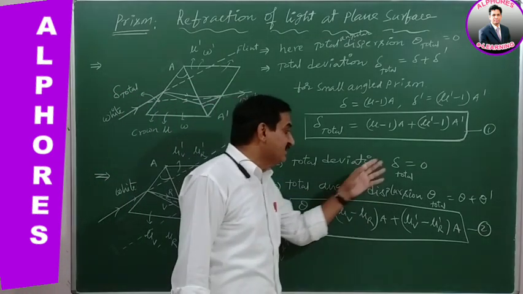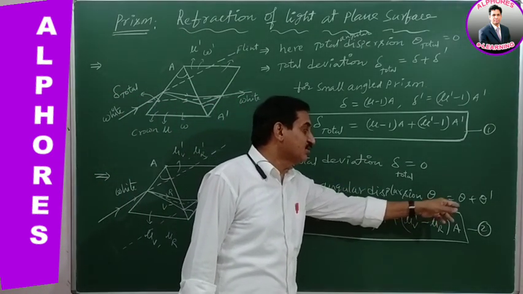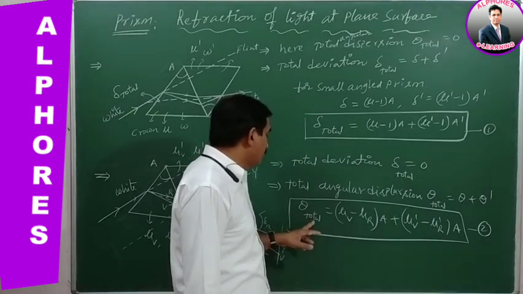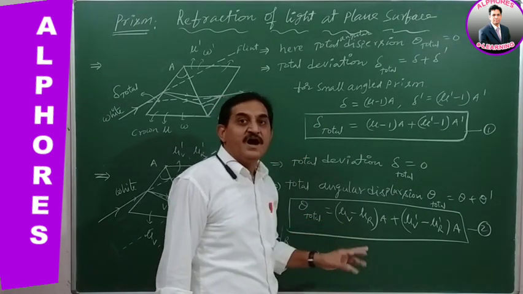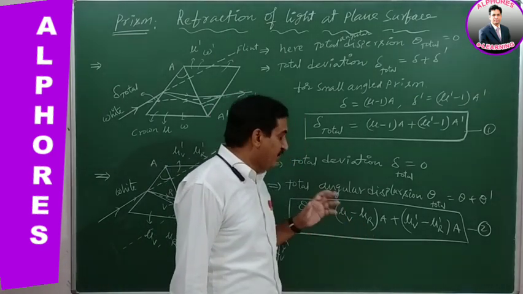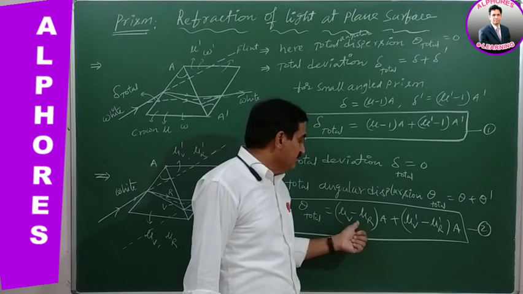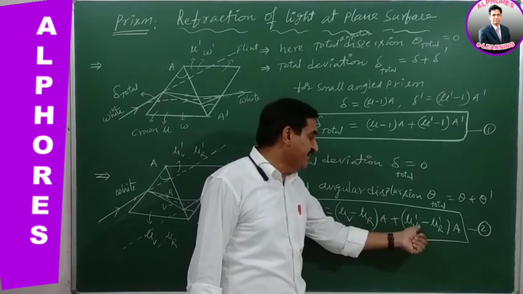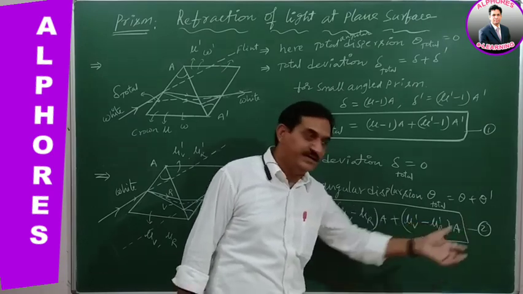Therefore, total angular dispersion is theta total equals theta plus theta dash. We already have the formula for angular dispersion. So this is mu v minus mu r into A plus mu v dash minus mu r dash into A dash.